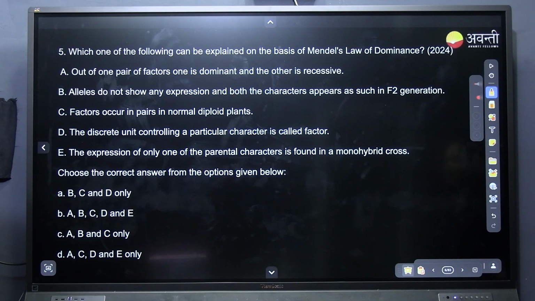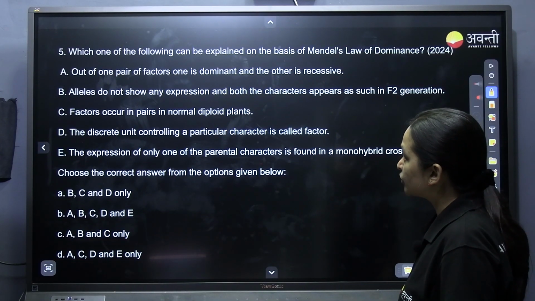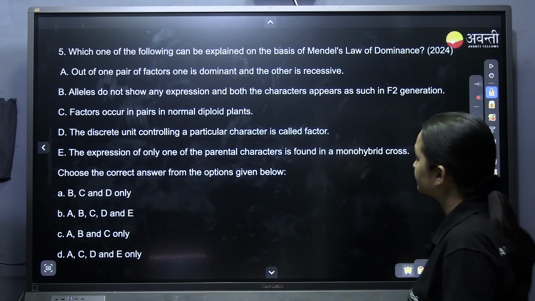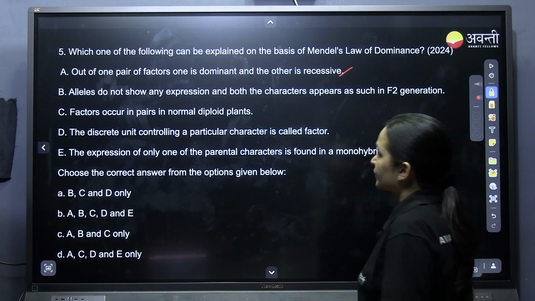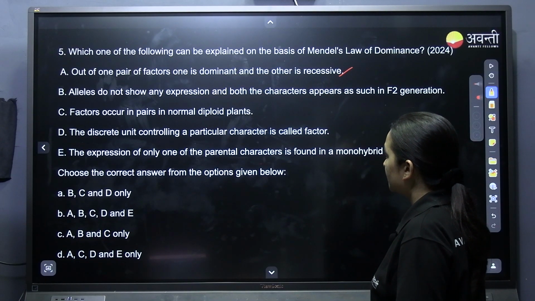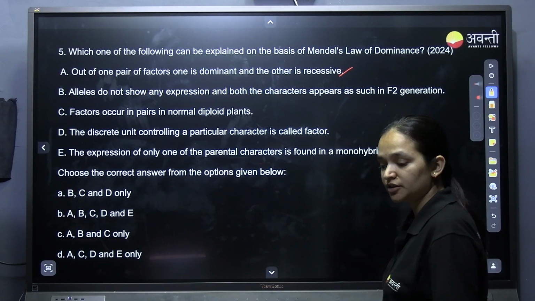Which of the following can be explained on the basis of Mendel's law of dominance? Tell me. Out of one pair of factors, one is dominant and the other one is recessive? Yes. Alleles do not show any expression and both the characters appear as such in F2 generation?